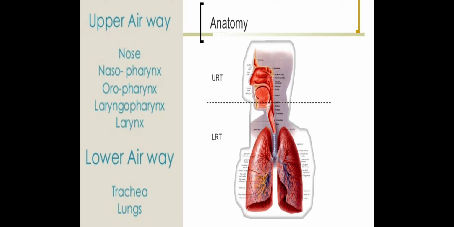Just to remind you about the anatomy, we have upper airway and we have lower airway. The upper airway consists of nose, nasopharynx, oropharynx, laryngopharynx, and larynx. Lower airway, trachea, and lungs.